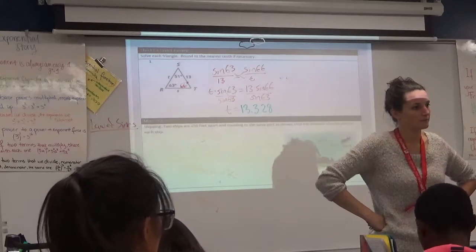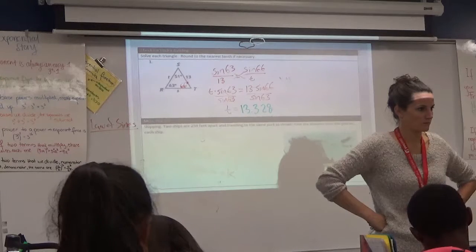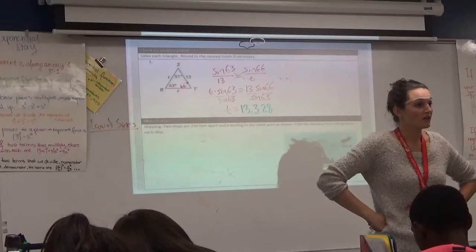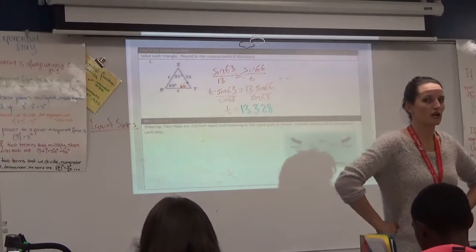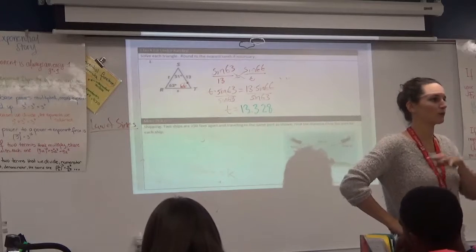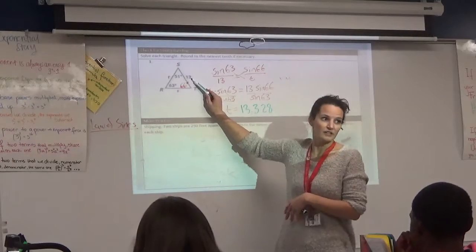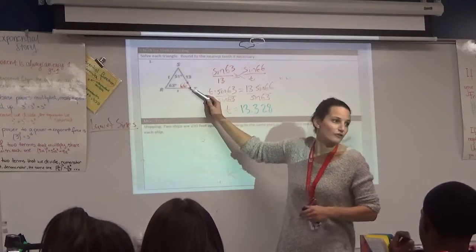Whenever we're trying to find a side of a triangle, we're generally trying to solve the triangle, which means a triangle has 3 sides and 3 angles. We want to know all the pieces. We knew one side, so we needed to solve for T and S. And we knew 2 of the angles, so we needed to solve for this angle right here.